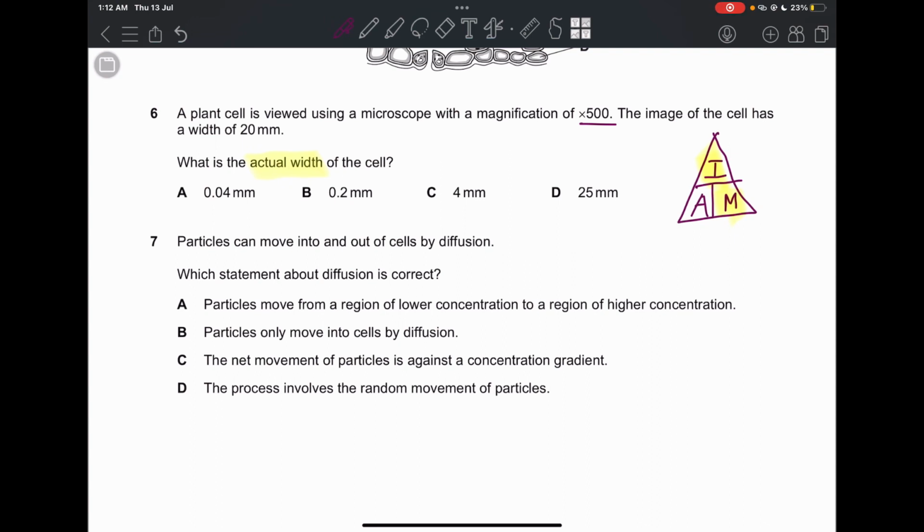So how do we do this? We're going to be dividing the image size, which is in millimeters, divided by the magnification, which is 500, and you're going to be calculating this number on your calculator. It's going to give you 0.04 millimeters, so that's our answer.